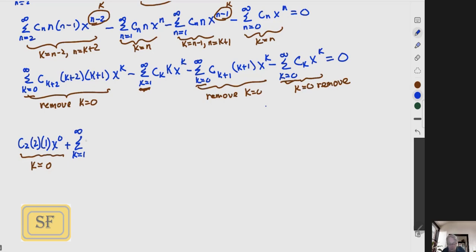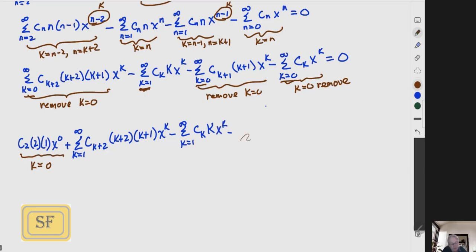The sum k equals 1 to infinity of c sub k plus 2 times k plus 2 times k plus 1 x to the k. My second summation was fine, so I'll just copy that down. The sum k equals 1 to infinity of c sub k times k x to the k.